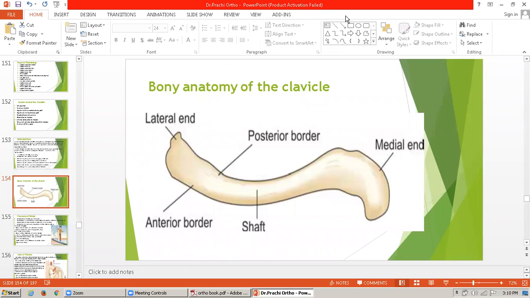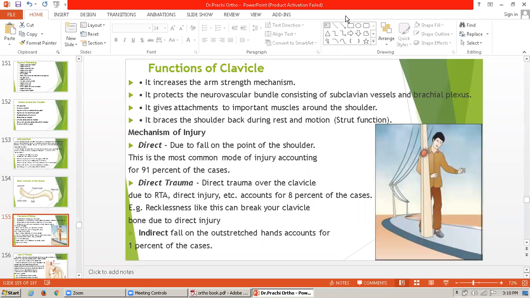So, this is a diagram of the clavicle which shows the lateral end, medial end, posterior border and anterior border with the shaft. This is the bony anatomy of the clavicle. Then, the functions of the clavicle are: the clavicle increases the arm strength mechanism.